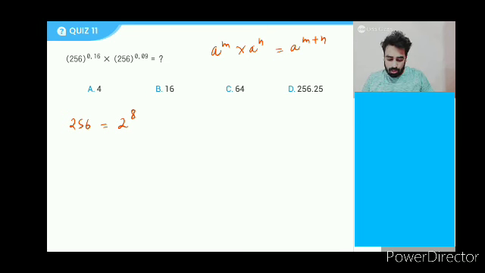One more minute you guys will have. ठीक है, एंड में बातें करेंगे थोड़ी आप लोग से, डाउट्स वगैरह. 30 more seconds everyone, 30 more seconds.